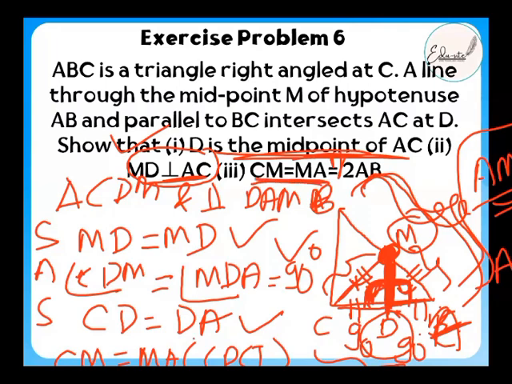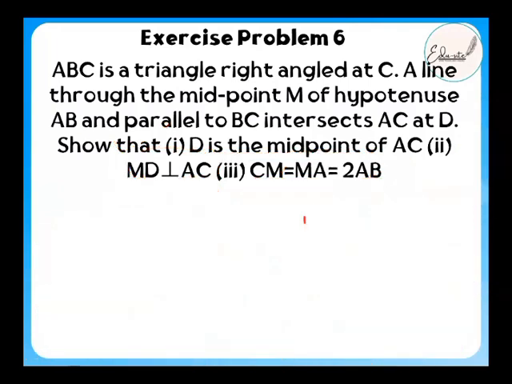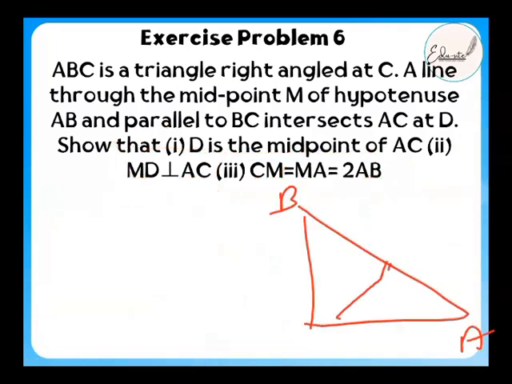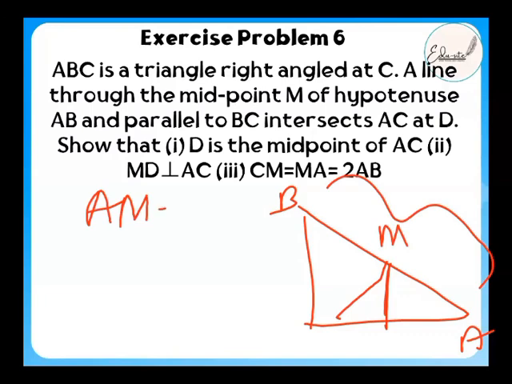CM is equal to MA is already done. Now we can show that MA is nothing but half of AB, right? Yes, because M is a midpoint of AB, we can say that AM is equal to half of AB, correct?